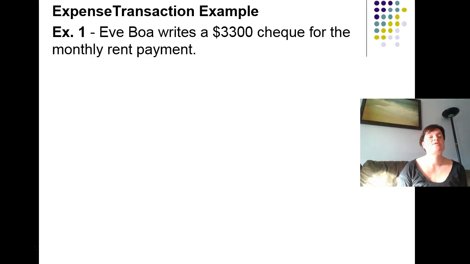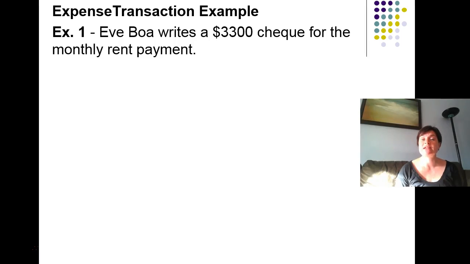The next types of transaction we're going to look at are expense transactions. So the first example is Eve Boa, and she writes a check for $3,300 cash to pay monthly rent. So again, what 2 accounts are affected? Well, we know that cash is affected, and it's going to go down, and assets go down on the credit side. So we're going to credit cash. But what account are we going to debit?